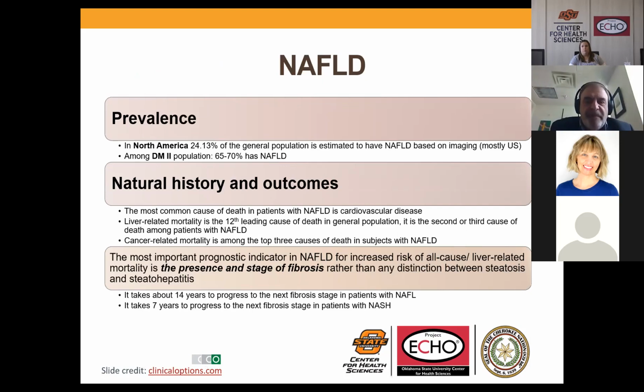Okay, so it is a very prevalent disease, and I will go through this slide pretty briefly. The reason is that in our country, we have a lot of people who are overweight, and a lot of people who have diabetes. NAFLD is very closely associated with diabetes.